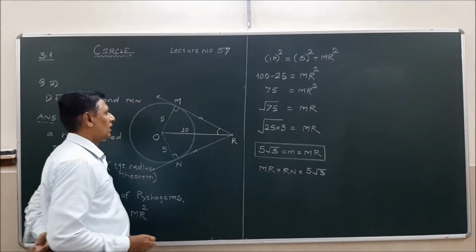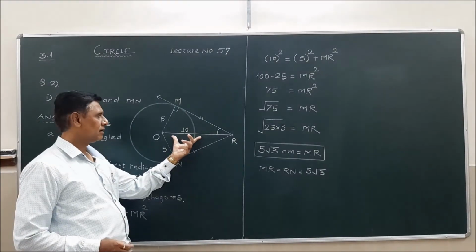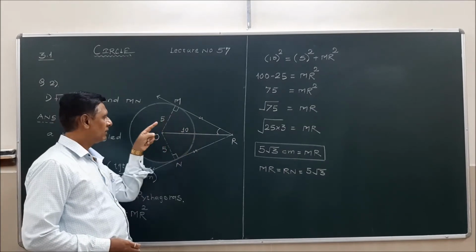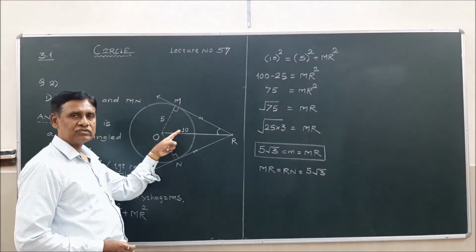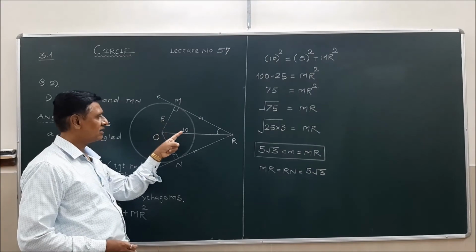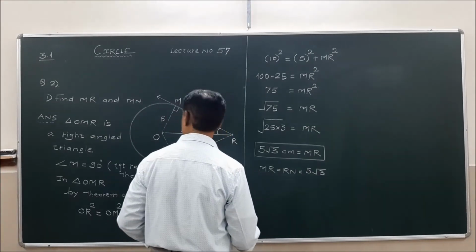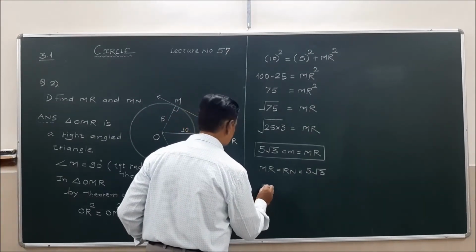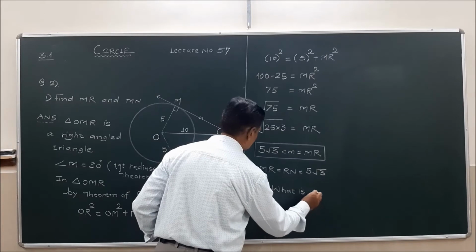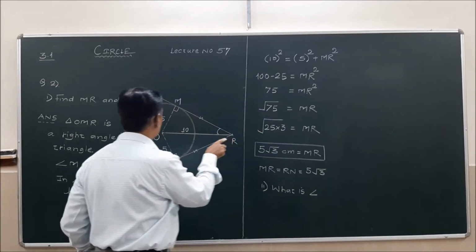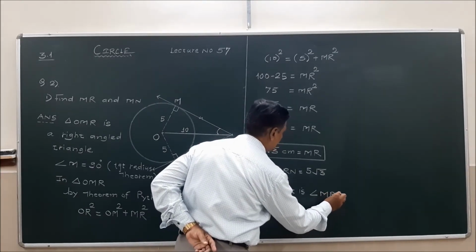You will notice, dear students, this is hypotenuse, which is 10, and this OM is 5. So 5 is exactly half of the hypotenuse. So second sub question, you can say, what is angle MRO?